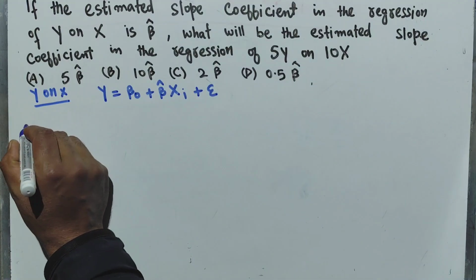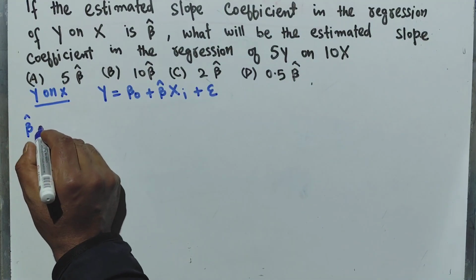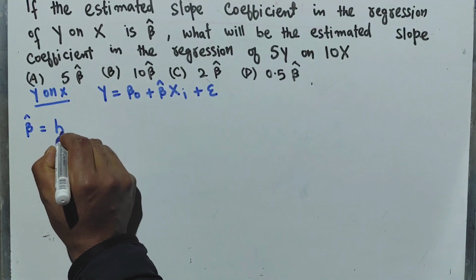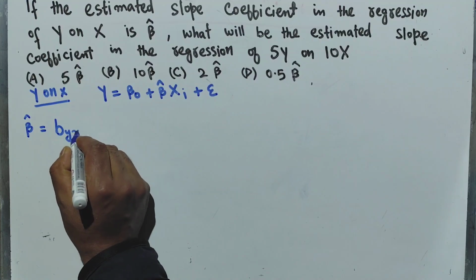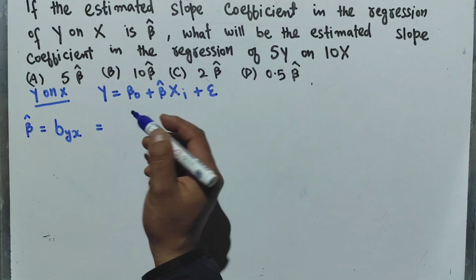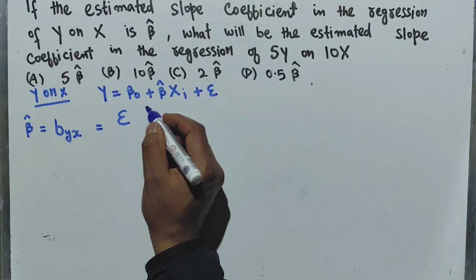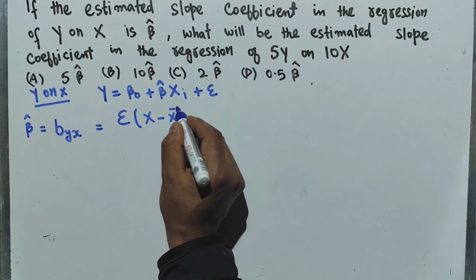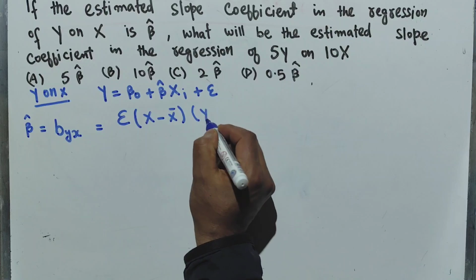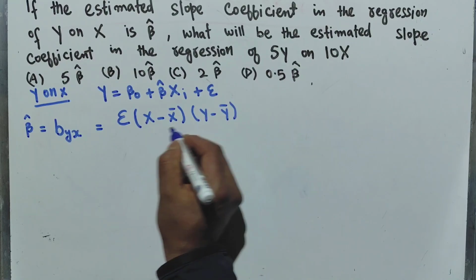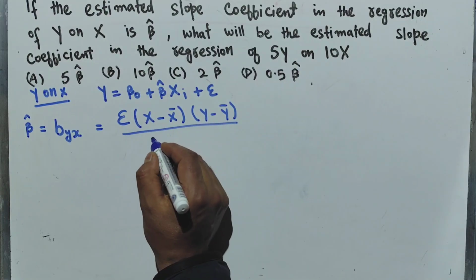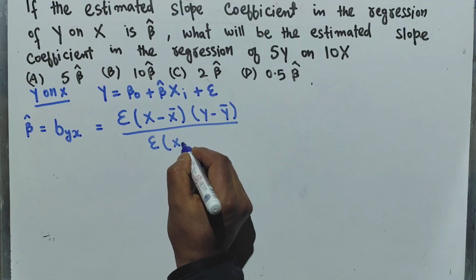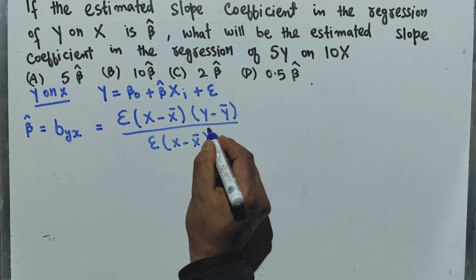So how do we calculate the slope? Beta hat, which is equal to b_yx, is given by the summation of (x minus x bar) times (y minus y bar) divided by the summation of (x minus x bar) whole square.